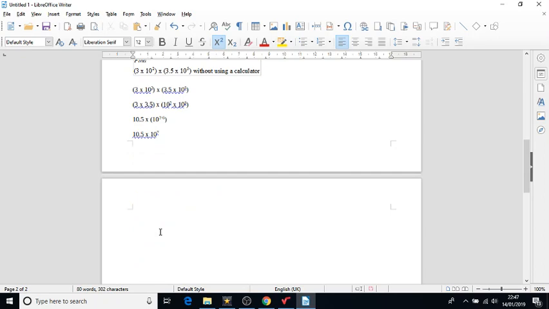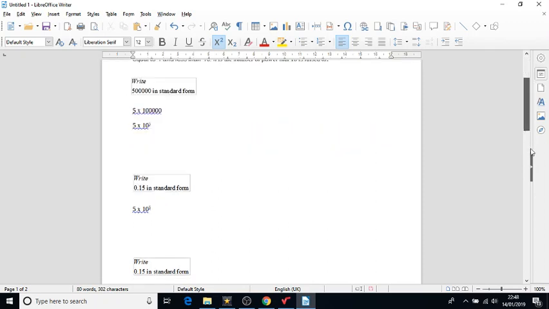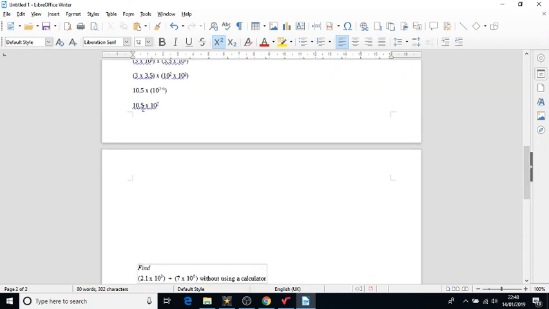However, we are not done yet. If you remember, I said standard form is written in the form of a multiplied by 10 to the power of n, where a is a number that is bigger than or equal to 1, but less than 10. Now, for this answer, 10.5 would be your a, but it's not less than 10, is it? Therefore, we would have to divide that by 10.